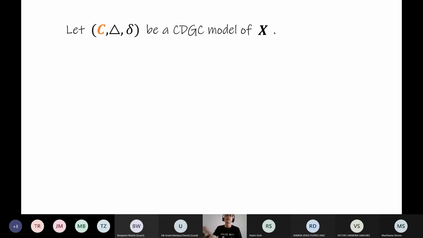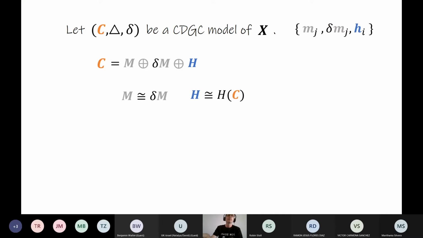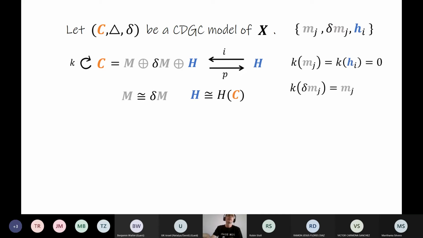In this case, if we start with a coalgebra model of X, then we do the same construction. We write this as a sum of M, the differential of M, and something which is isomorphic to the homology of the coalgebra. This defines a contraction between the coalgebra and its homology. Then we can transfer the coalgebra structure into an A-infinity, in fact, a C-infinity coalgebra structure.